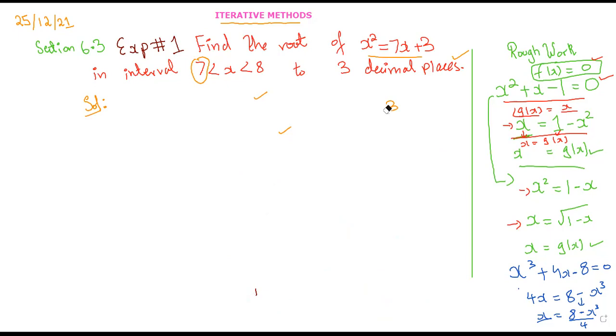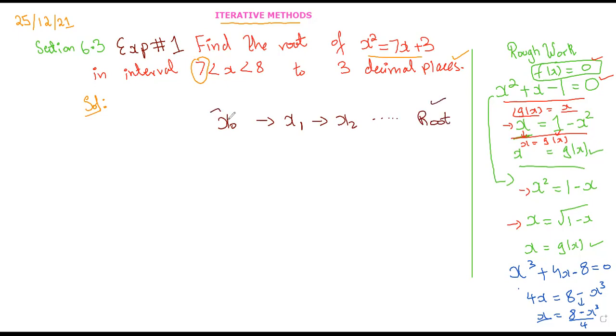Because once you have your x0, obviously you will get x1, x2, and so on. Once you have your x0, you will use it in the formula and you will get x1. Now if you have x1, you will use it in the formula and you will get x2. So you know how to go to your root.